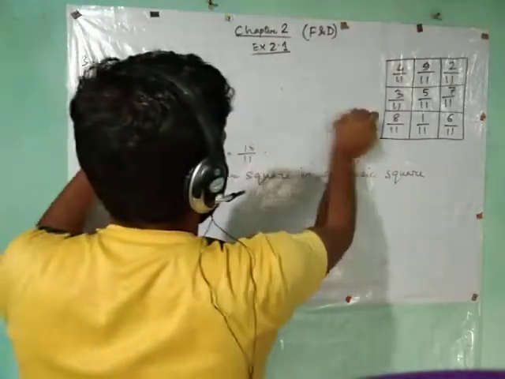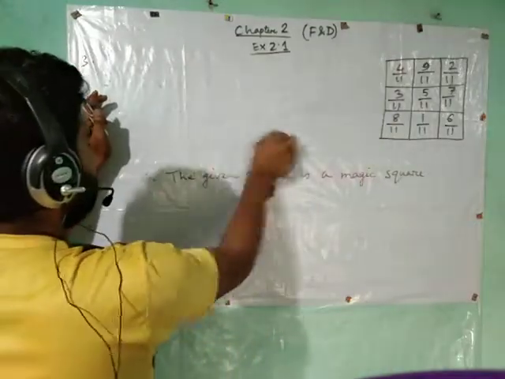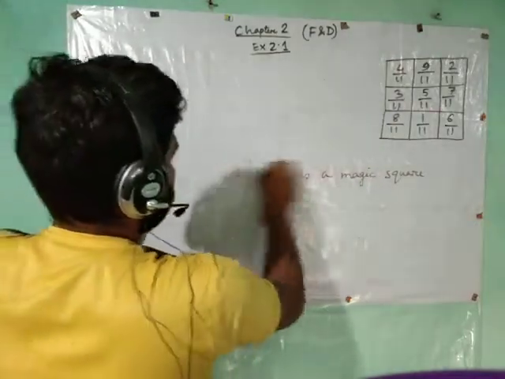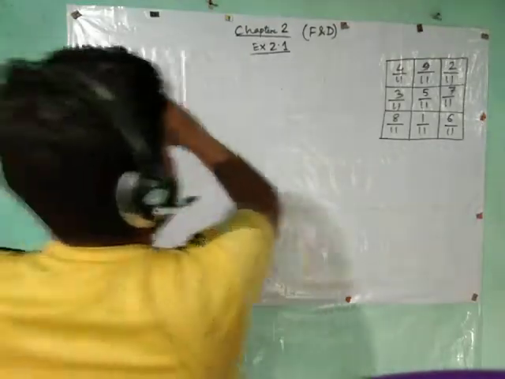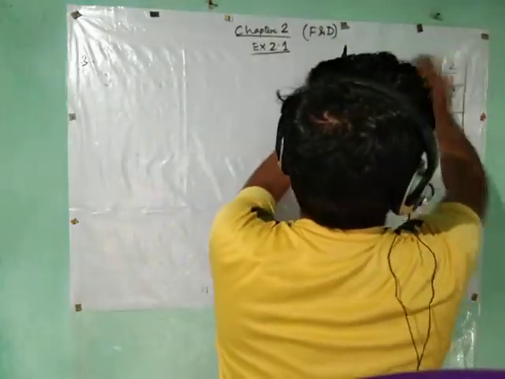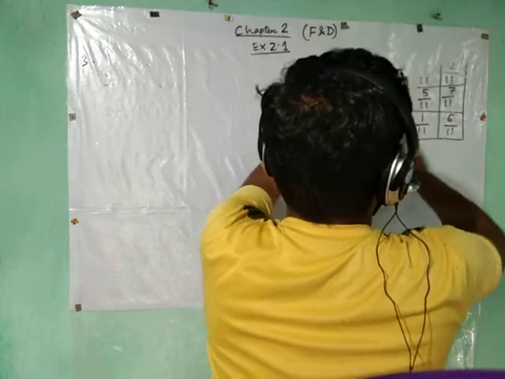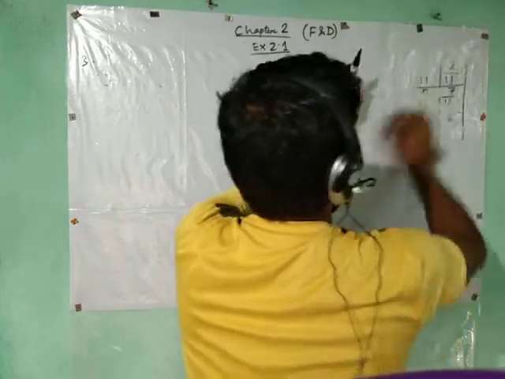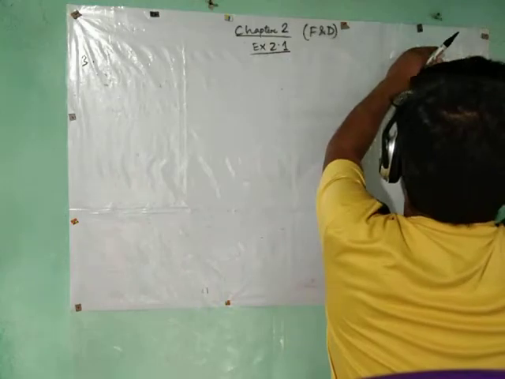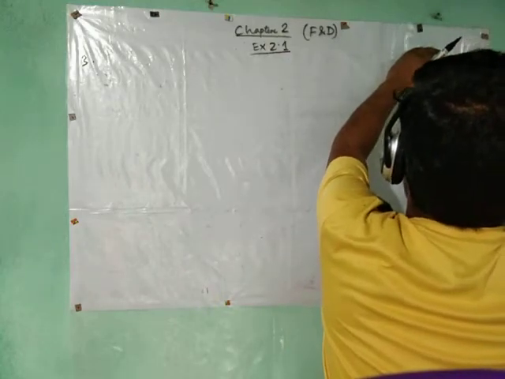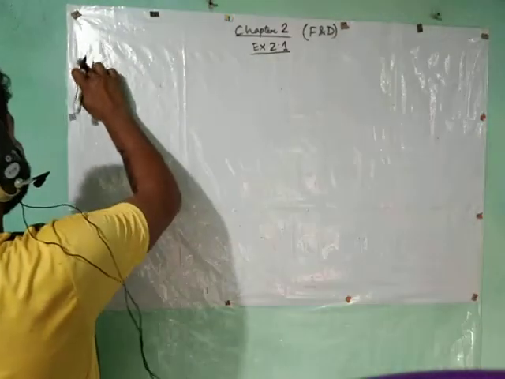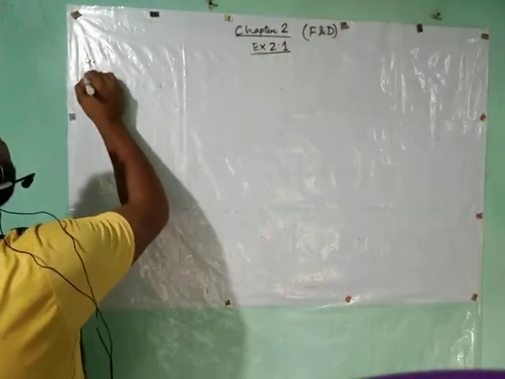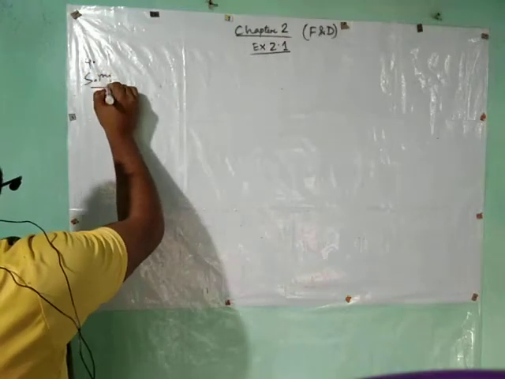What is there in question number 4? In question number 4, a rectangular sheet. We will solve question number 4.